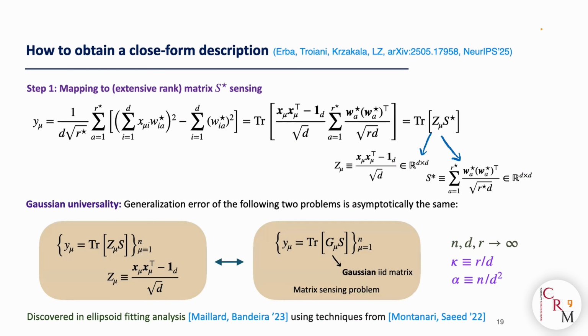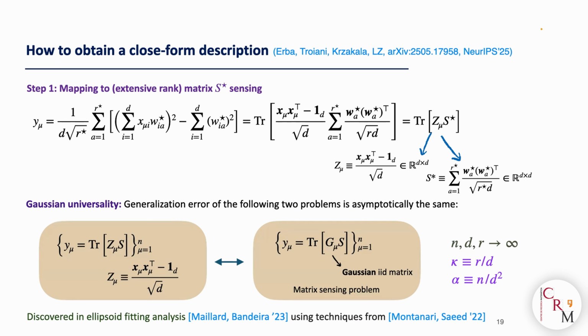What allows us to solve the problem is to take this expression and rewrite it. This is just a trivial identity, nothing deep in there, and realize that we can write it as a trace of a product of two matrices. One of the matrices includes the signal, and the signal is structured, and the other matrix includes the data.